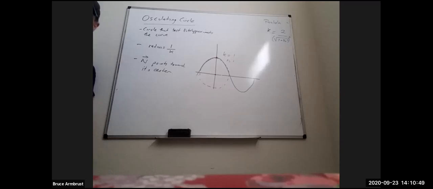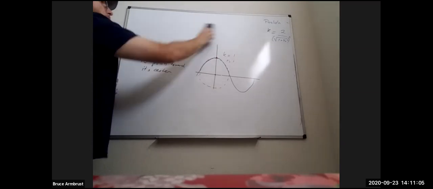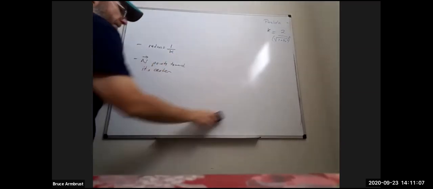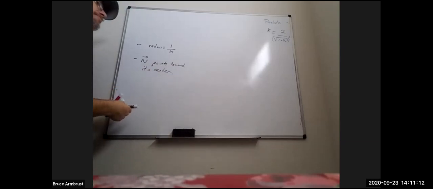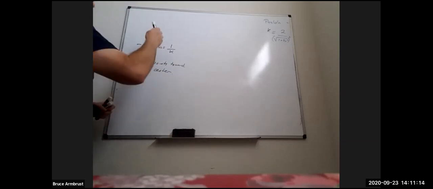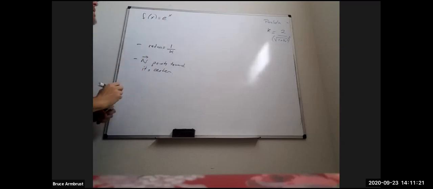So let's actually do that. Let's take a function and let's find an osculating circle. Let's actually find the equation of an osculating circle for it somewhere. All right, so let's try something. Let's do a function we've not done. Oh, this will be fun. How about, let's go with f of x equals e to the x.